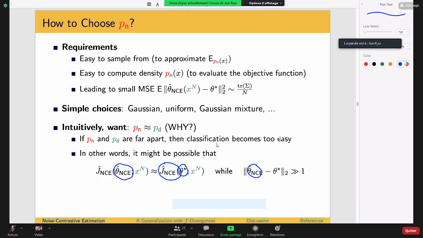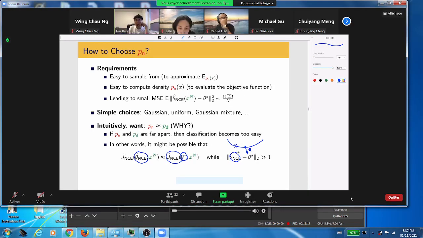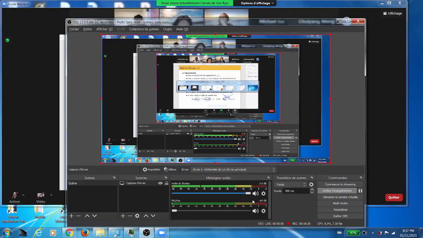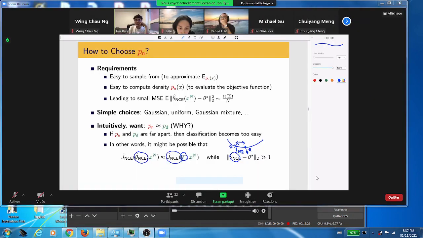This can happen if the landscape of this J hat NCE gives you a flat surface around theta star. So the objective might be very close, but the parameters might be very far.